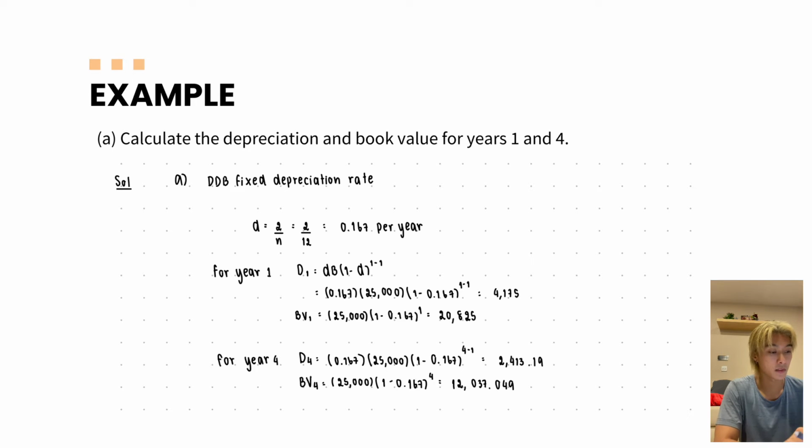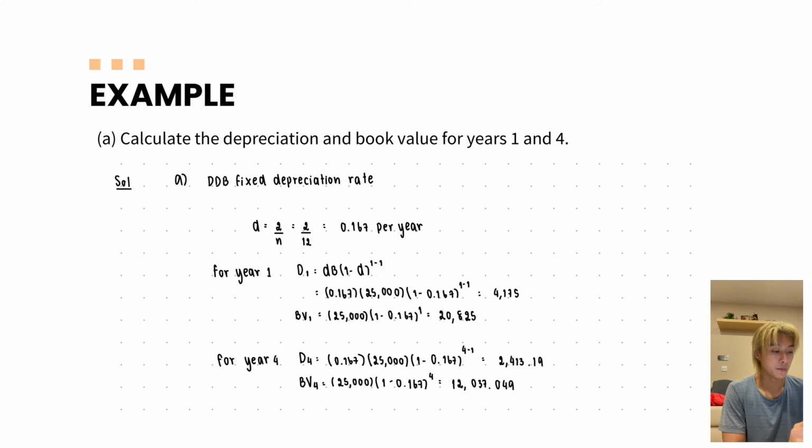For year 1, d1 equal to D B multiplied by (1 minus D) powered by 1 minus 1, where D is 0.167 multiplied by $25,000, which is our B, and then multiplied by (1 minus our D, 0.167) powered by 1 minus 1, which is equal to 4,175.